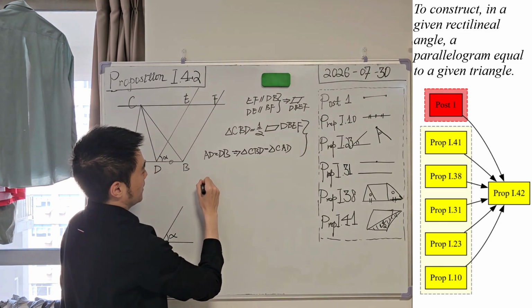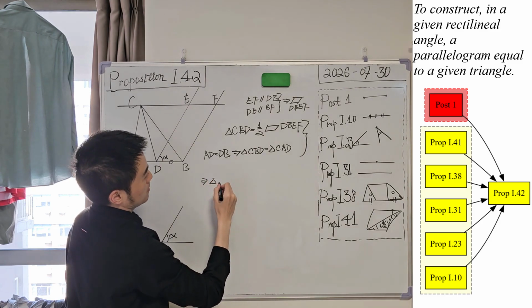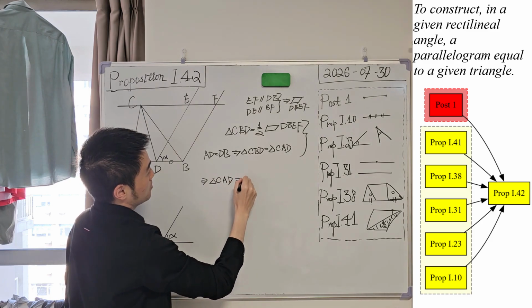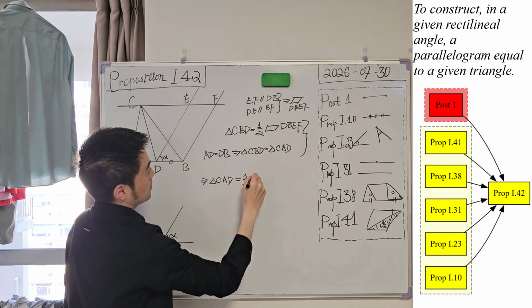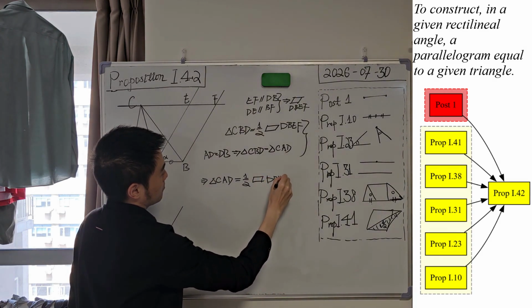And if we combine these two equalities together, we can imply that triangle CAD is also equal to half of parallelogram DBEF.